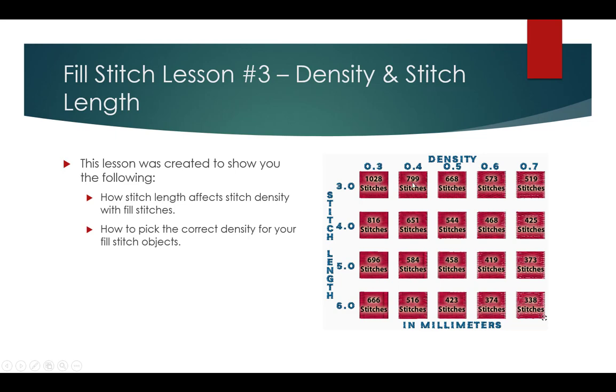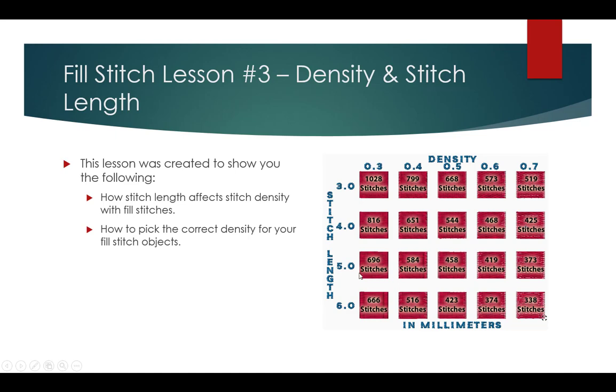So in this row, for instance, it's going to use a 3 millimeter long stitch length for each one of these boxes. The only difference between each one of these boxes is the density used. So the stitch length stays the same, but the density changes. Same thing with this row. The stitch length remains the same, but the density changes.